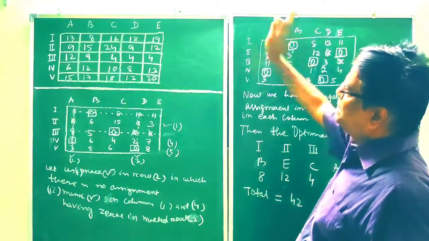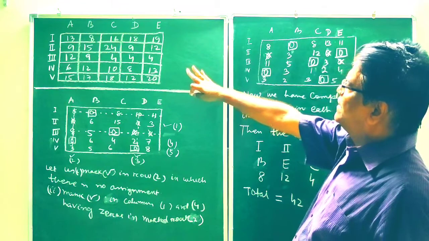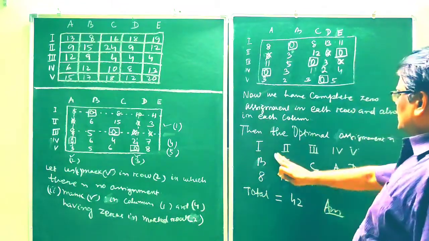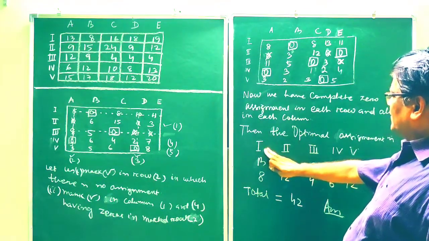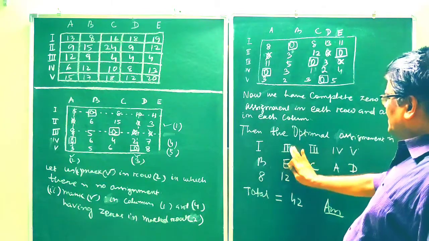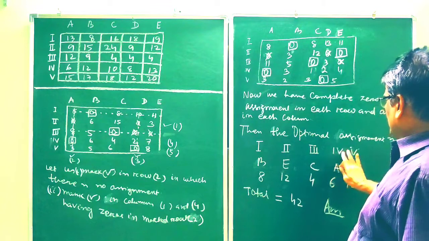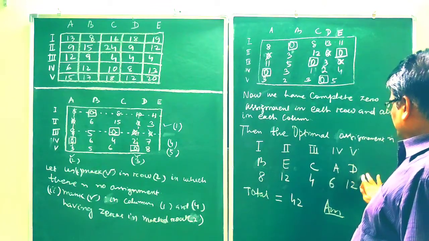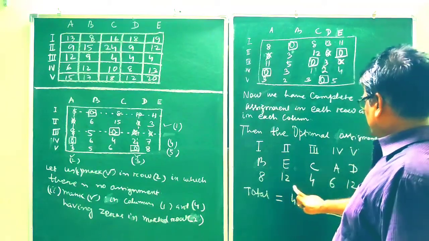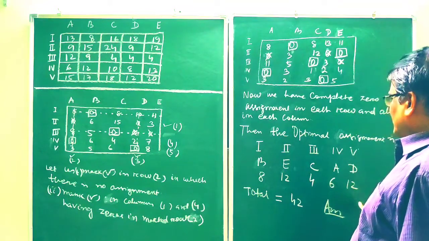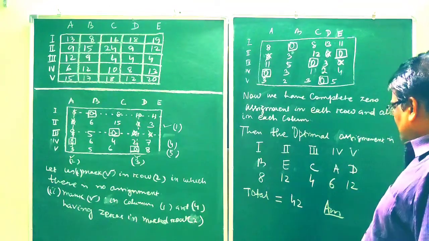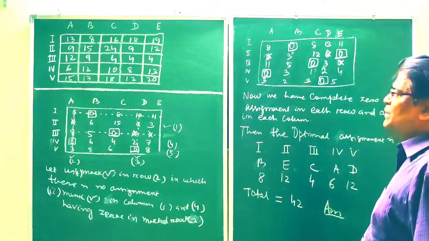So on comparison with the given payoff matrix, the assignment for first is B, for second work is E, for third work is C, fourth is A, and fifth is D. The corresponding payoff values are 8, 12, 4, 6, 12. On addition, we are getting 42.